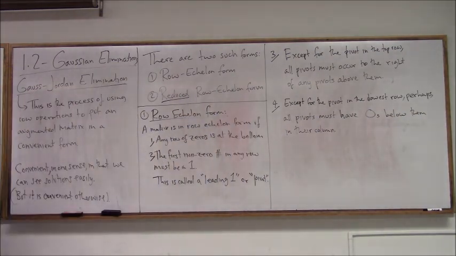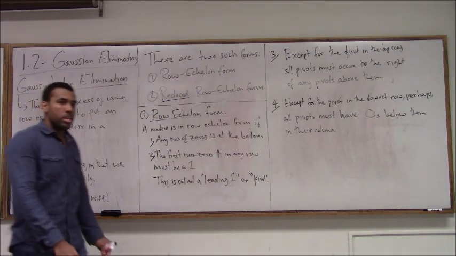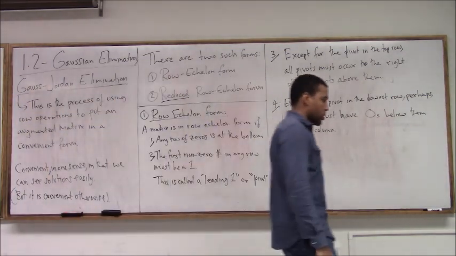And any augmented matrix that follows this checklist is said to be in row echelon form. Those are the 4 things you have to check.